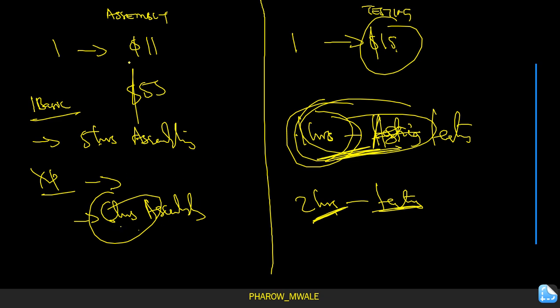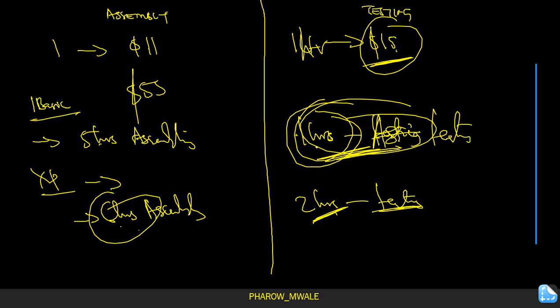So 6 by 11 gives us the total assembly cost for 1 computer, and then we do 2 hours by 15. Remember, 1 labor hour for testing costs $15 across all computers.